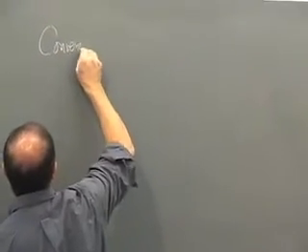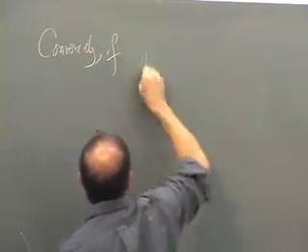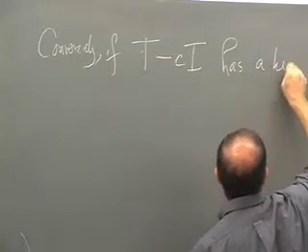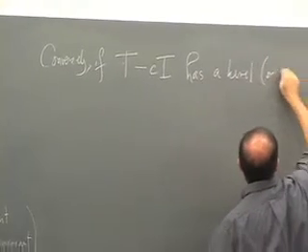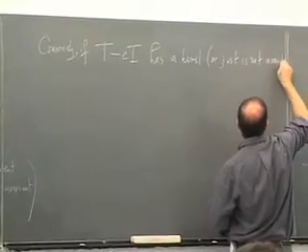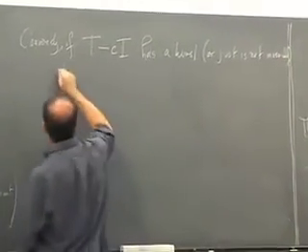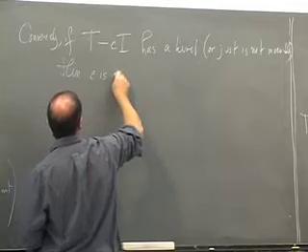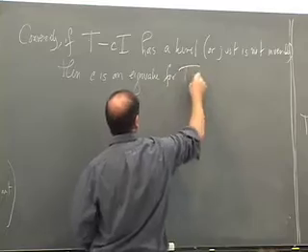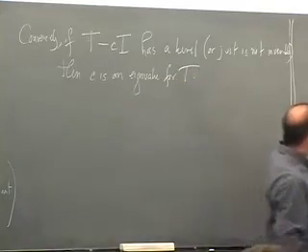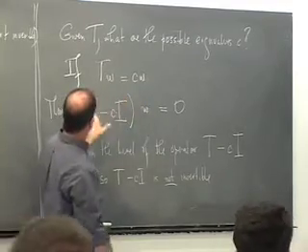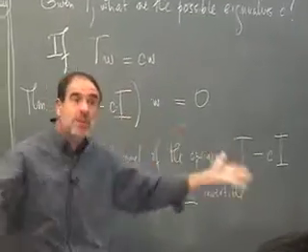Conversely, if T minus CI has a kernel, or just is not invertible, then C is an eigenvalue for T. Because to say this operator has a kernel means there's some vector W that it takes to 0, which means that there's some vector W such that T of W is the constant times W, which means it's an eigenvector.